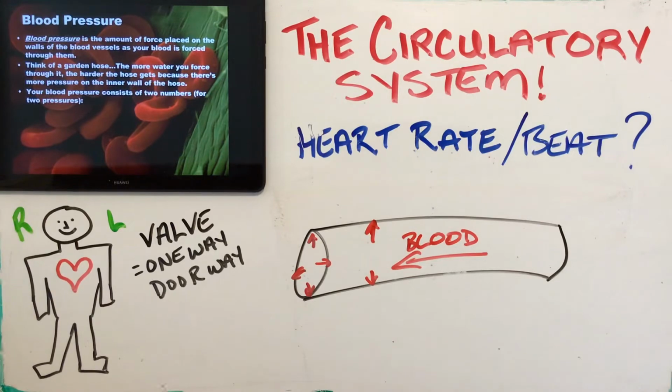So our blood pressure is a measure of that. It's basically a measure of blood flow and a measure of how hard your heart is working, which is very important to your health. We need proper blood flow because your blood is sharing all the good things your body makes to the other areas of the body. And you need a healthy heart because, like we said before, if it stops, you stop.